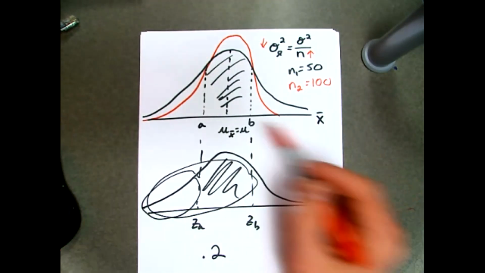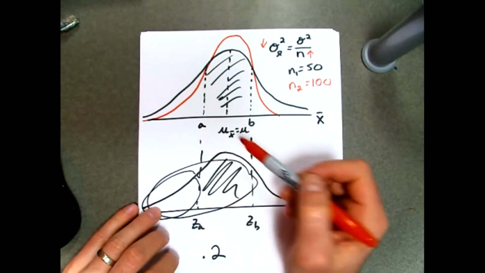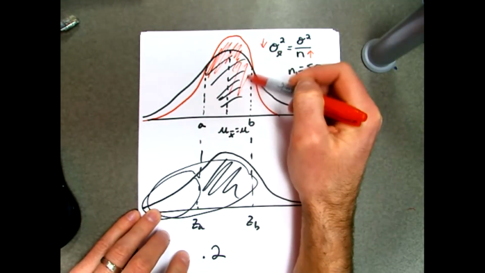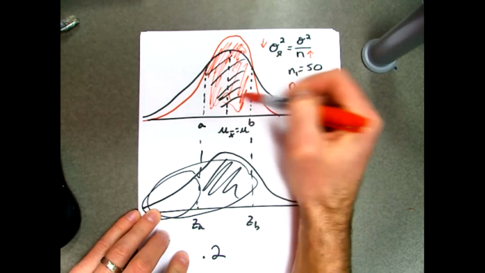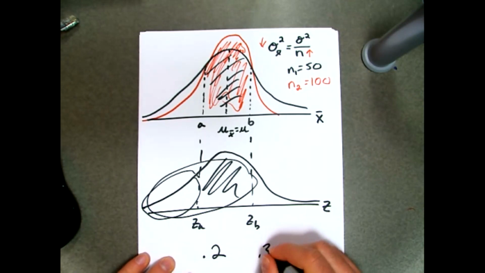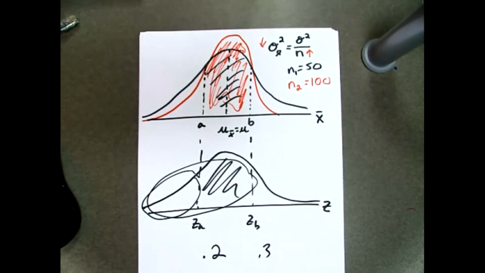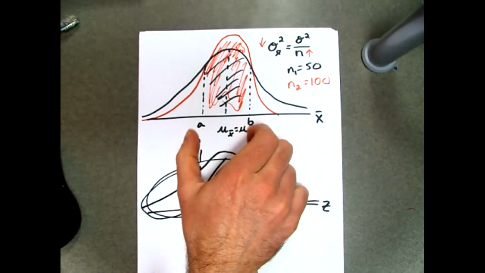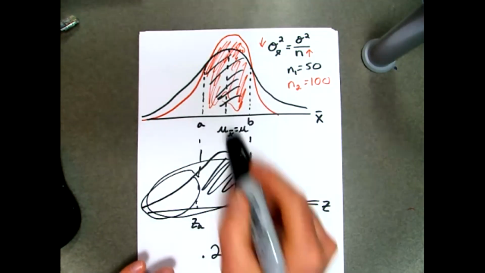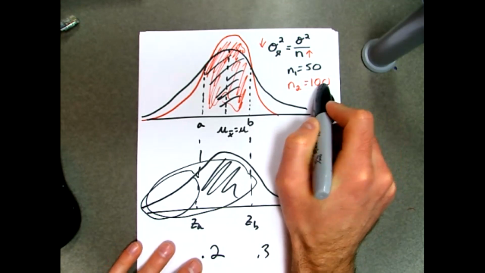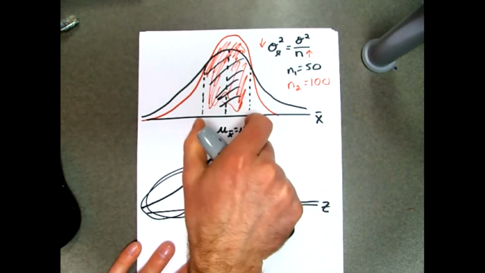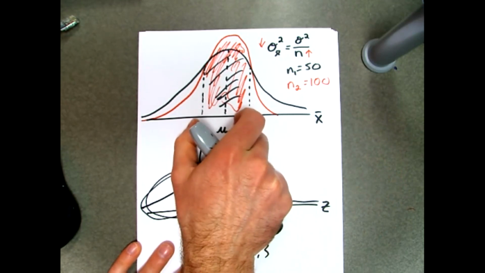Now, what's the probability I'm in between A and B? I can see it's going to be a little bit more. So instead of 0.2, maybe now there's a 0.3 probability I see something within this range. Because that probability increased, what I'm saying is that if I take a higher sample size, it's more likely I see something close to the mean.